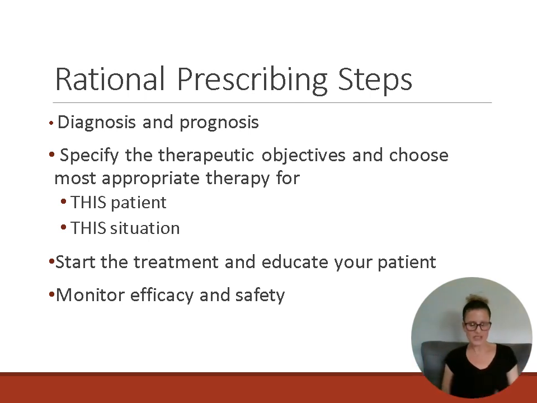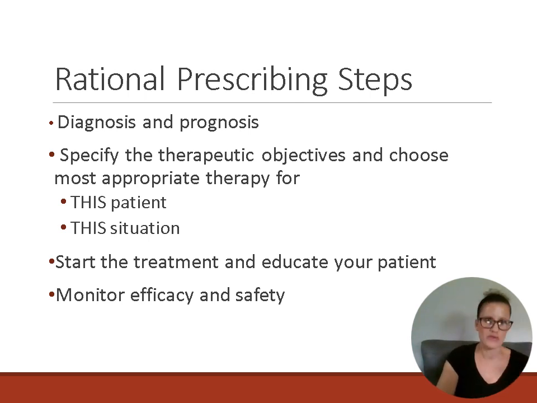That whole process that you're going through is rational prescribing. Again, it'll become second nature, but at this point, we do have to go through and point out each of the individual steps and each of the important details, because there are little things that you probably have never thought about that you do need to make sure you start thinking about.